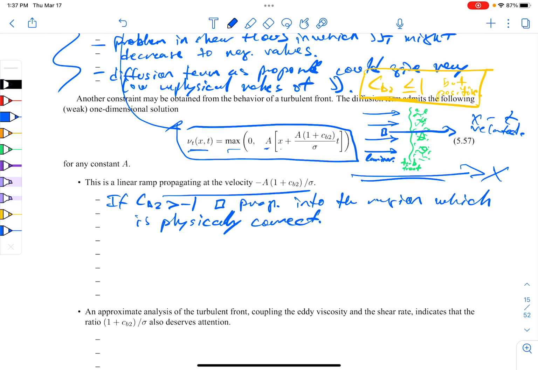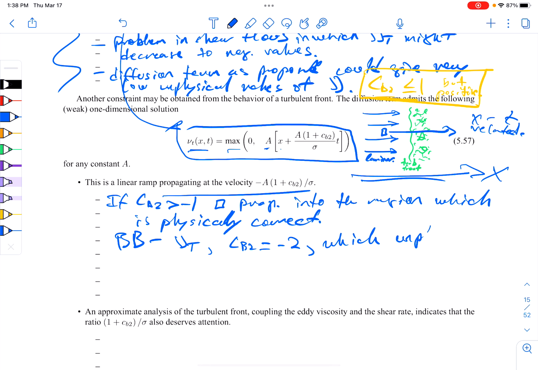They looked at other models and applied this. They took the Baldwin-Barth model, and they applied it and also found the equivalent eddy viscosity, and found that CB2 equivalently would be -2, which is unphysical. So the Baldwin-Barth model, if you applied it, wouldn't be able to work.